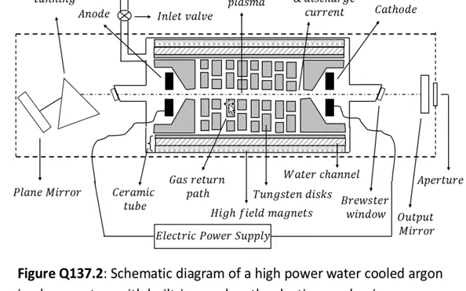So a hole has been drilled in the tungsten discs to have a space for the argon plasma, for the laser beam, and for the discharge current to be present over here.